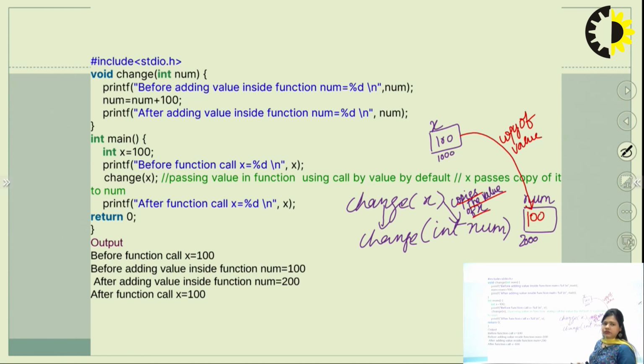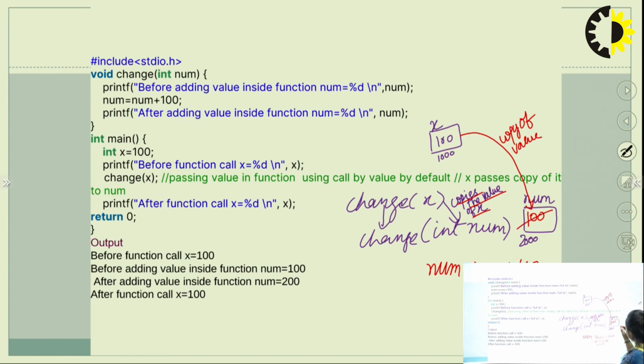Now inside the function what I have done is, I have done the manipulation: num is equal to num plus 100. So in memory location the value of num is 100, and we are adding another 100 to it. So the total value is 200 that is assigned to the num.